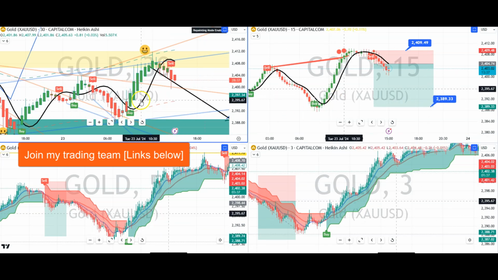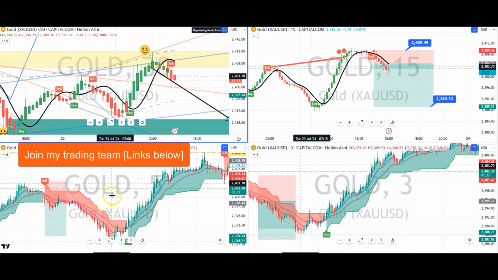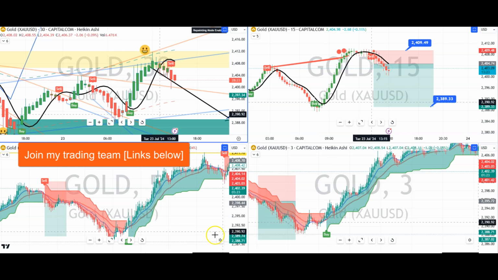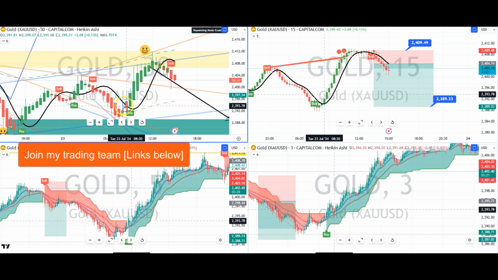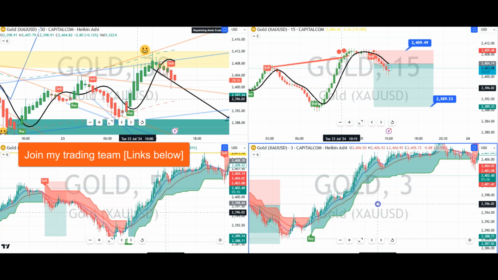So what I've got here, I've got a 30-minute chart, a 15-minute chart, a 5-minute chart, and a 3-minute chart. Whenever all charts go green, it's a buy. Whenever all charts go red, it's a sell. So this is pre-London Open here, buy, and the price goes up.